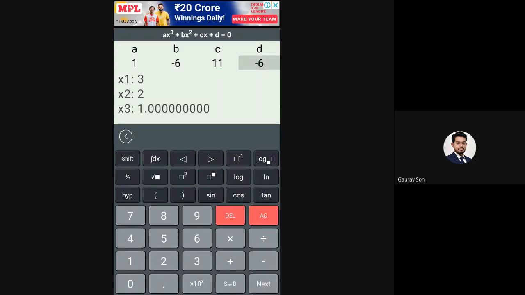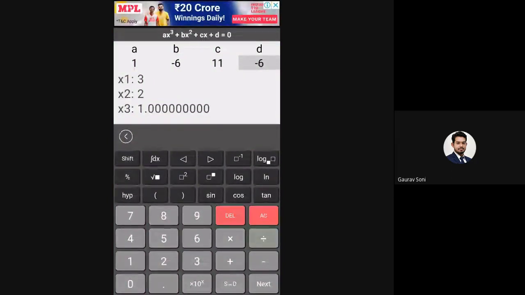So what I've got is, I've got three roots. X1 is 3, x2 is 2, and x3 is 1. In some of the calcis, it will show just one root. In some of the calcis it will show more than one root, I mean, all three of them at the same time. So what you have to do is go on pressing equal to.